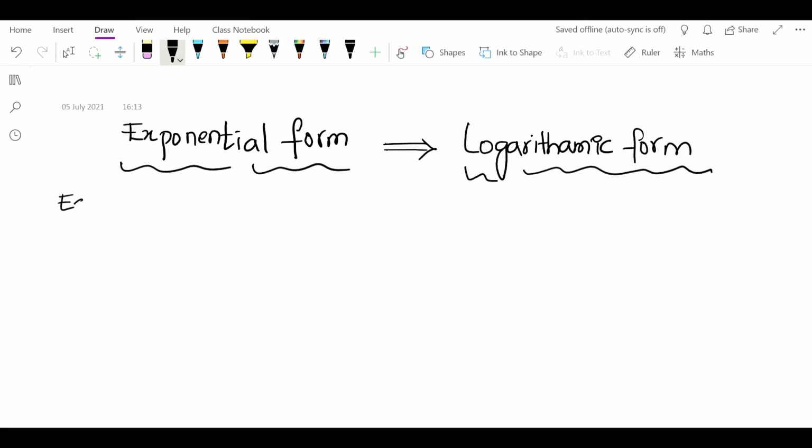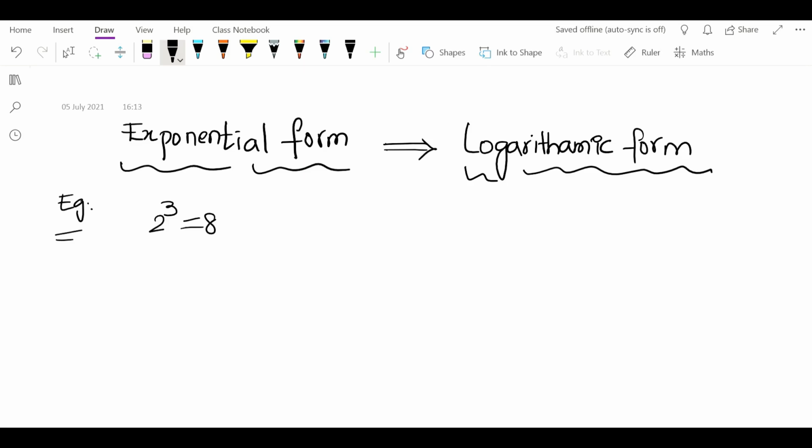Example, 2 cubed is equal to 8. This is in exponential form. 2 cubed means 2 can be multiplied by 3 times. That is 2 into 2 into 2. 2 2s are 4, 4 2s are 8.